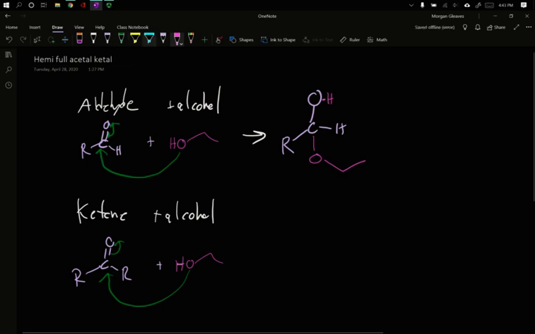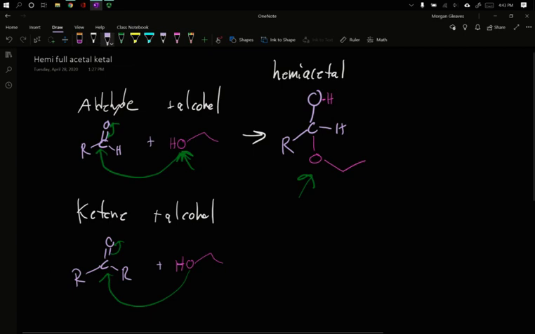And we've taken our oxygen from our original alcohol and we've turned it into an ether. When this occurs, this is a hemiacetal.